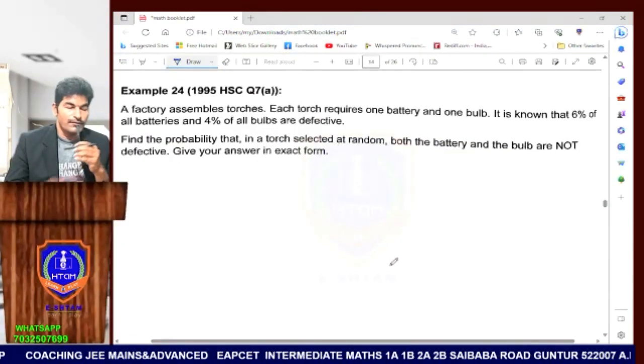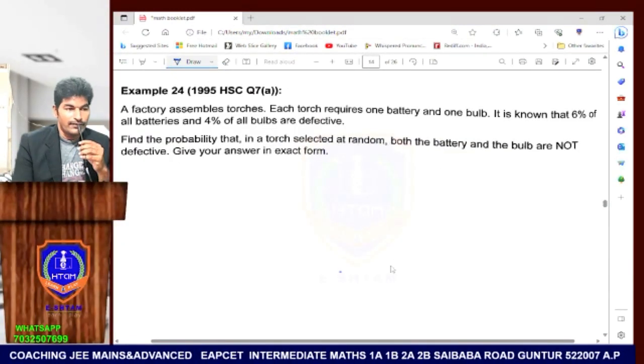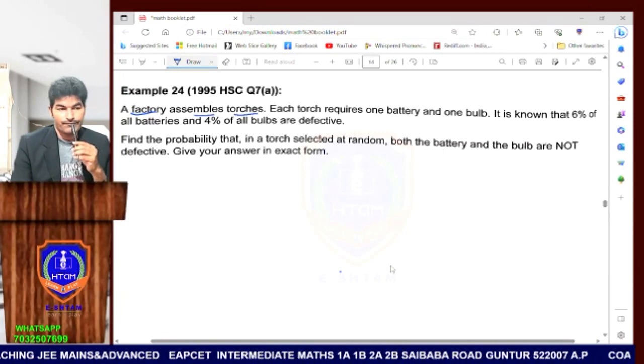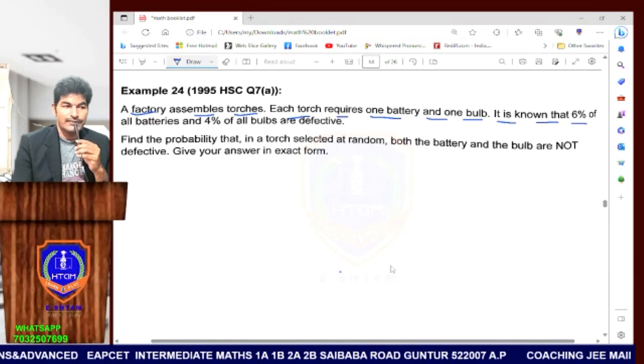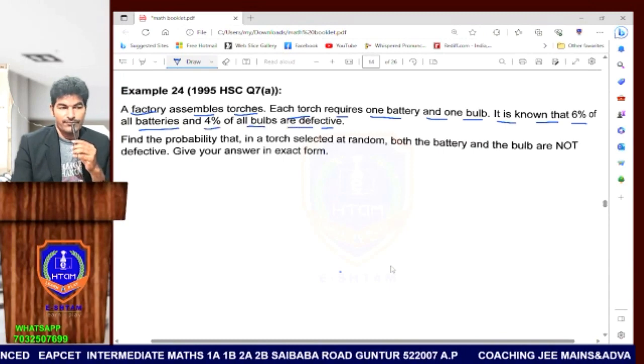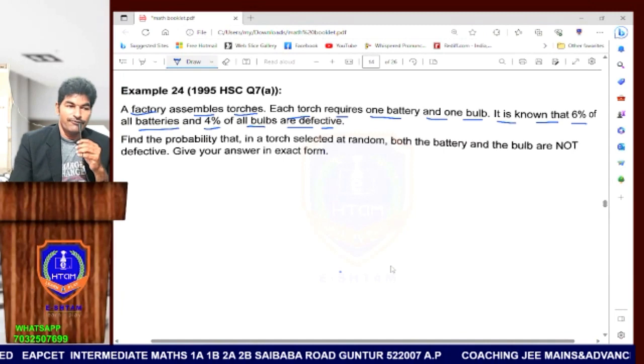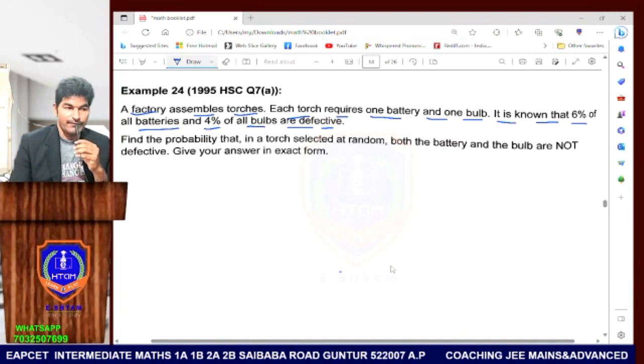Next example. A factory assembles torches. Each torch requires one battery and one bulb. It is known that 6% of all the batteries and 4% of all bulbs are defective. So defective chances are given.